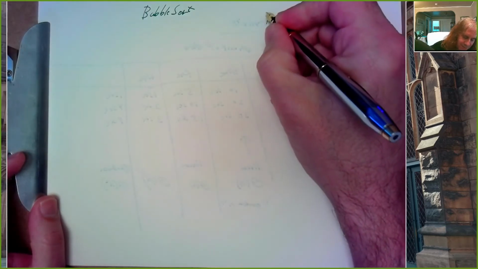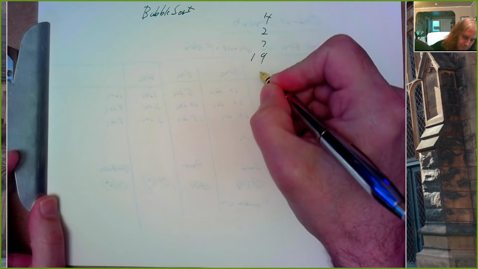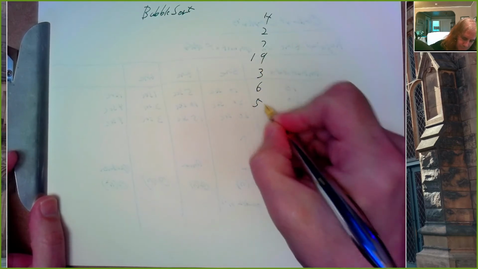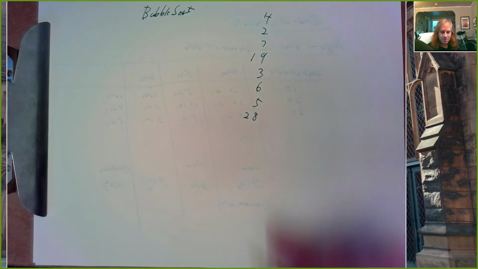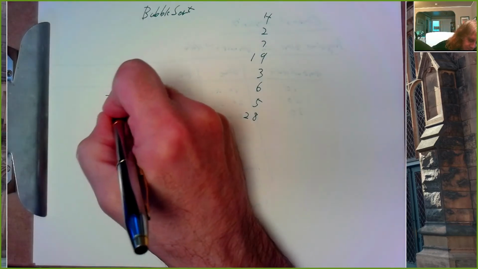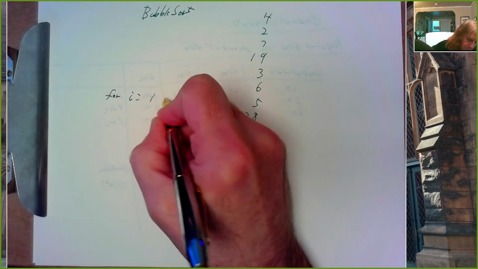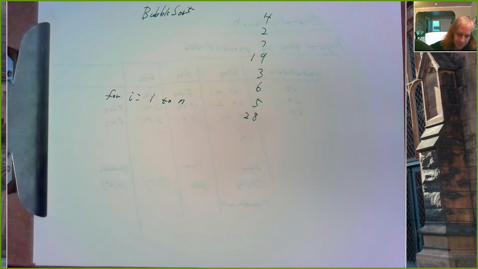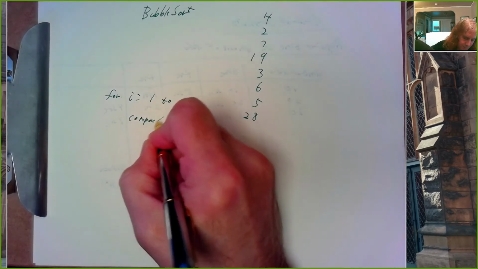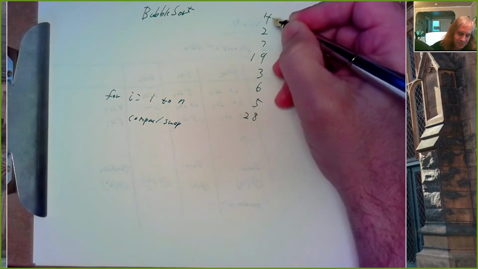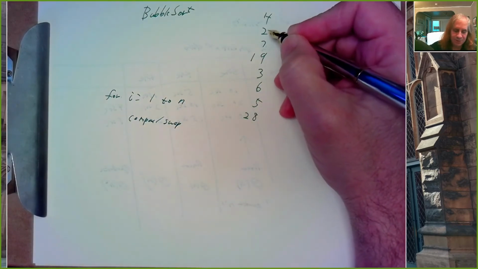You have a set of data, and we want to arrange it from smallest to largest. So we make a pass through the data, going from, say, 1 to n if we have n pieces of data, and we compare and swap each element with the element after it if it's in the wrong order.